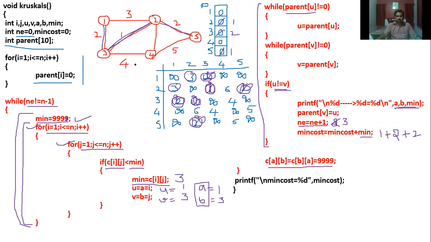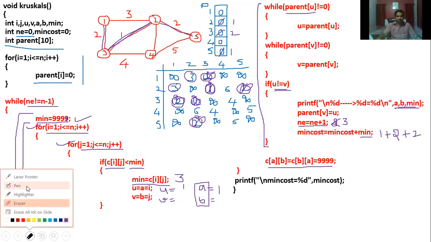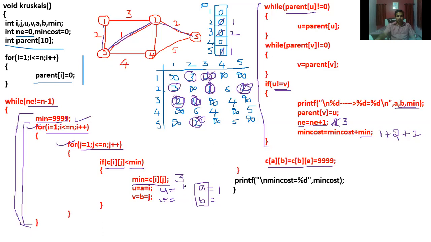Suppose I draw an edge from 1 to 2, obviously there is a cycle formation.